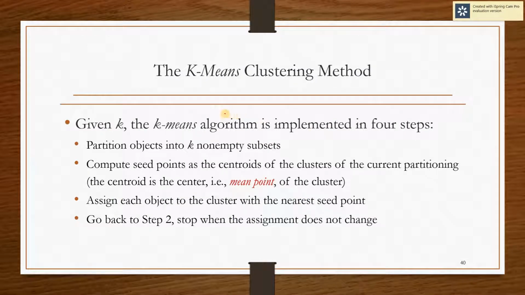One method of partitioning algorithm is the k-means clustering method. You are given k, and the k-means algorithm is implemented in 4 steps. One is to partition objects into k non-empty subsets, and then compute the seed points as the centroids of the clusters of the current partitioning. The centroid here is the mean point of your cluster.